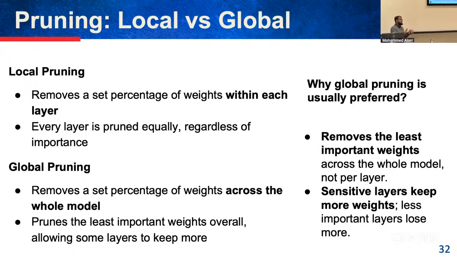There are some deeper features controlled by the convolution layers. If you apply the same percentage reduction in every layer, that means you are removing some important features from the convolution layers. So that may reduce the accuracy. But with global pruning, if you apply it to the whole network, you are removing the least important weights based on the whole network. So that is the benefit.